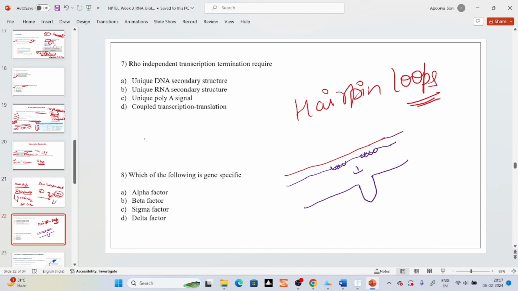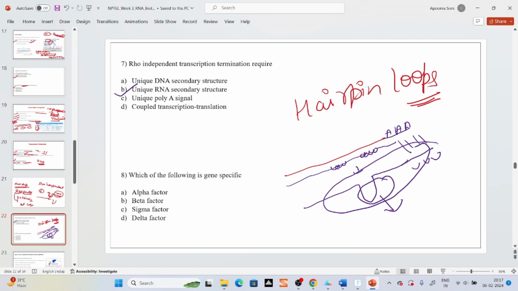Now this is DNA, here suppose A is present, and this is your RNA, here U is present. Now this hairpin loop is creating a drag. It is pulling it, and because the bonds are only two, it can be easily pulled. So this is what happens. Therefore RNA secondary structure is the correct answer.